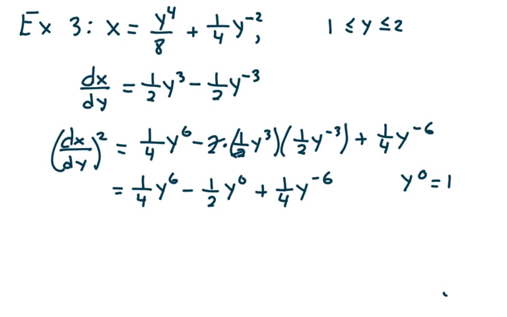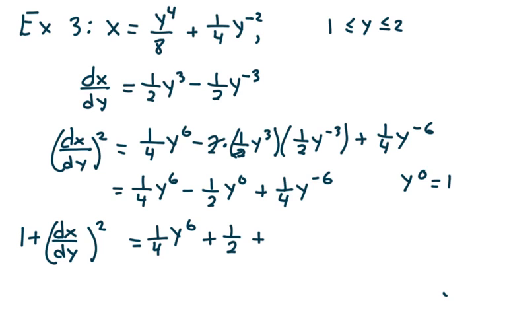Okay. Now, 1 plus dx dy squared. Well, that's going to be equal to 1/4 y to the 6 plus 1/2 plus 1/4 y to the negative 6.